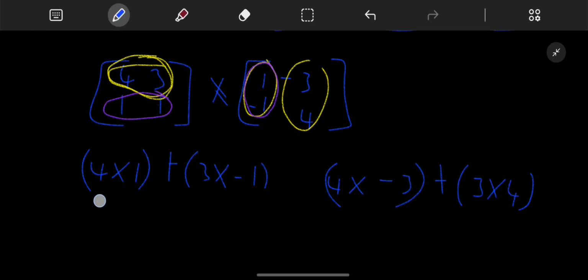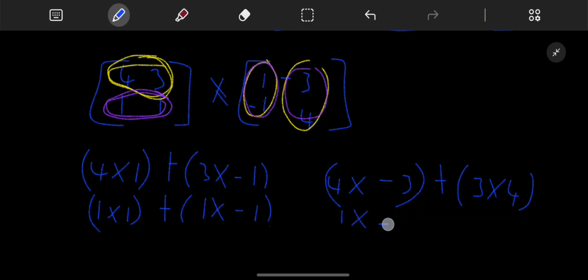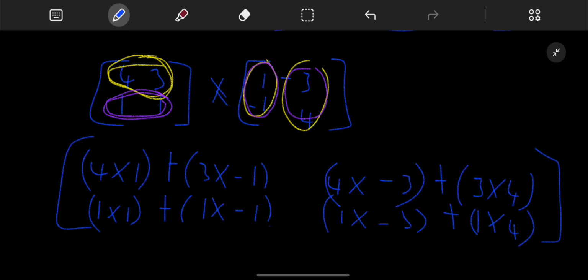So 1 is multiplied by 1, then we add 1 multiplied by -1. And lastly, we multiply this row and this column: 1 times -3 plus 1 times 4. We put the big bracket around it.